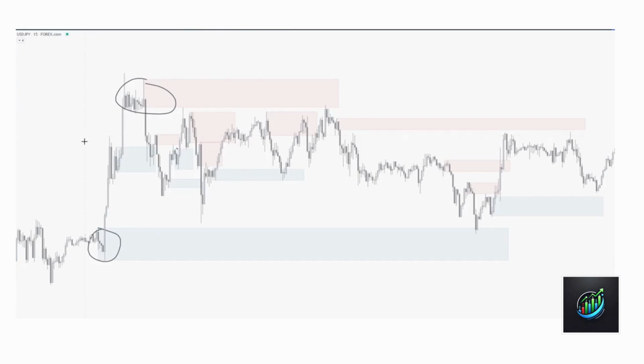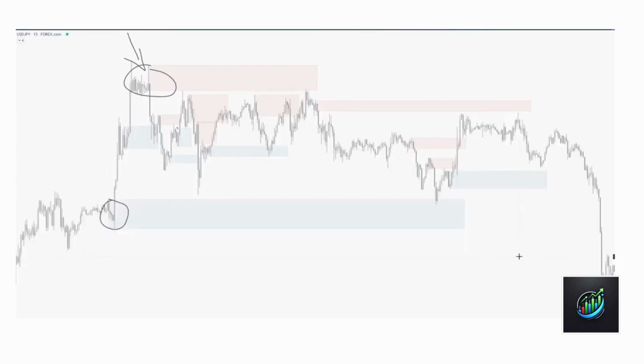What I'm getting at with what I just said is basically that the higher probability models that are more than likely to play out are the reversal models, and the continuation models are a little bit less likely to play out.